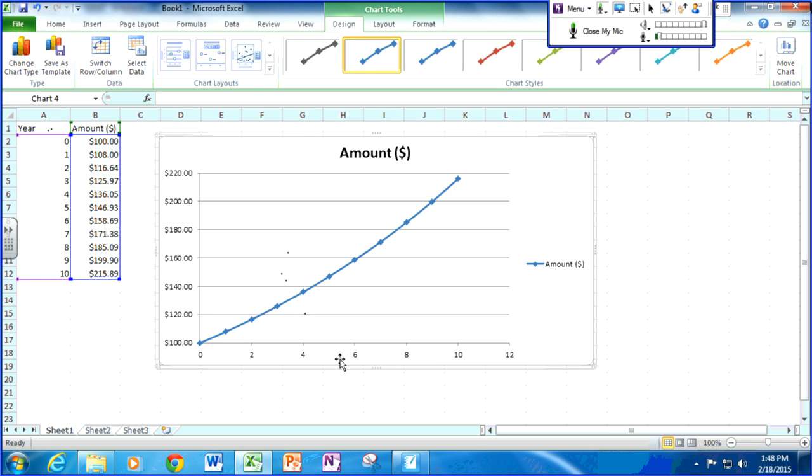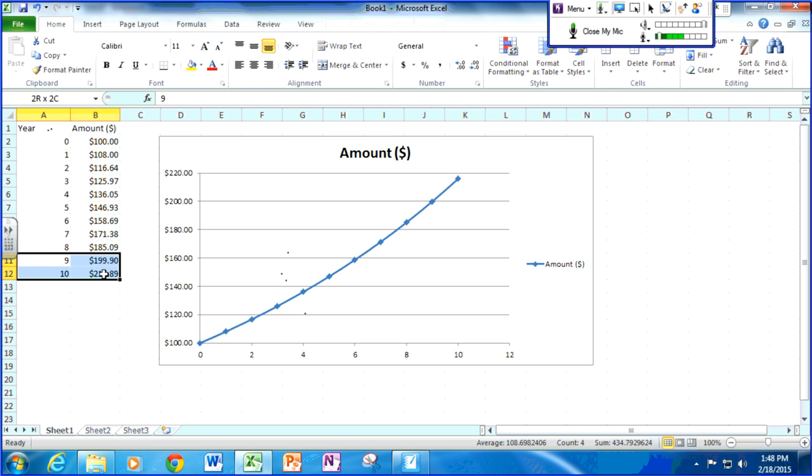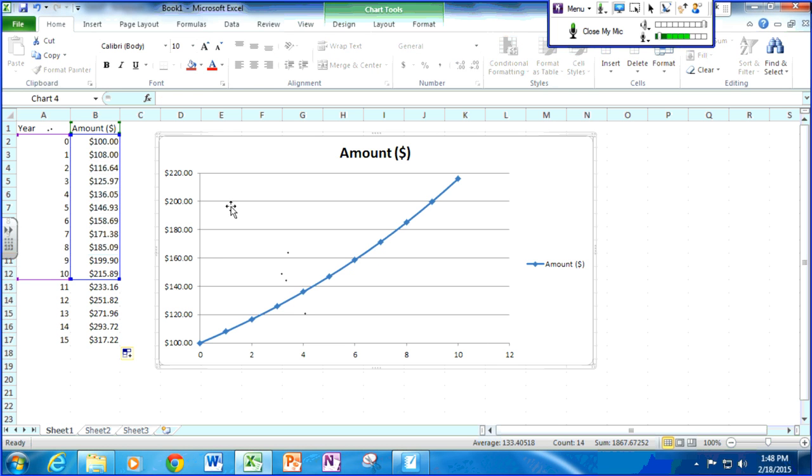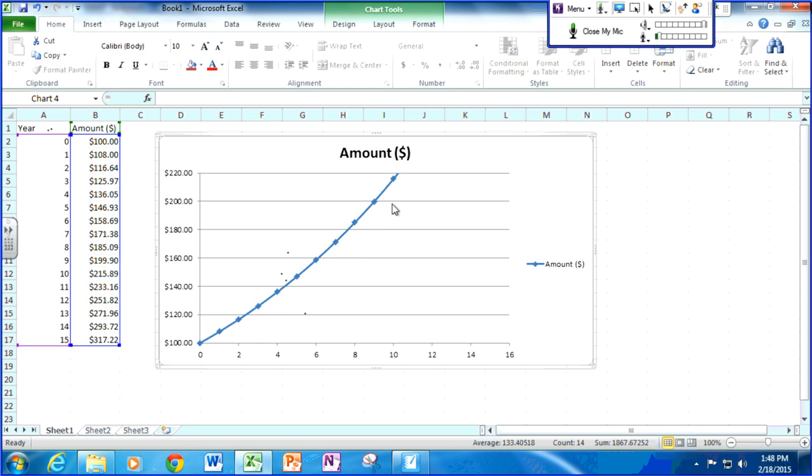But it's a good handy tool if you're trying to make a graph, and if you have to make a big long table, it's a pretty useful thing. Let's see if we can get it to give us a few extra values. Look at that, it gave us a few extra values. Then we have to change our chart to include it, and you see it changed our chart for us.